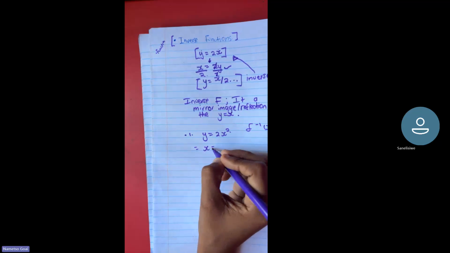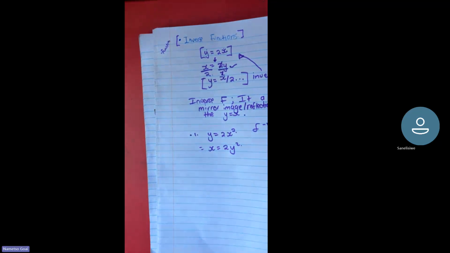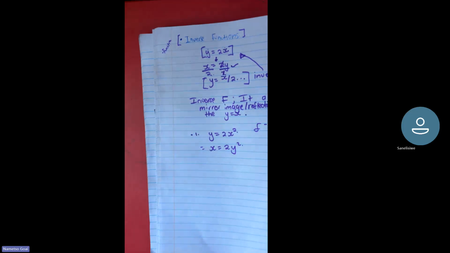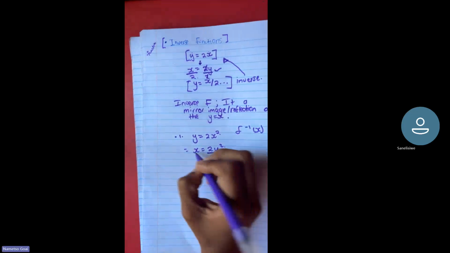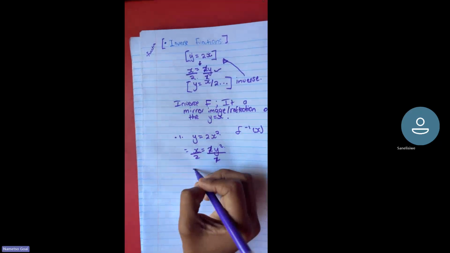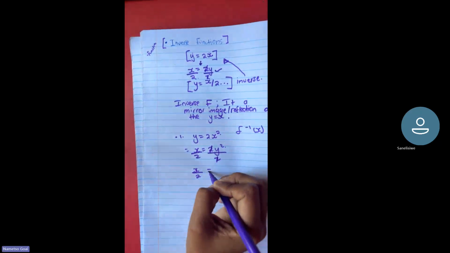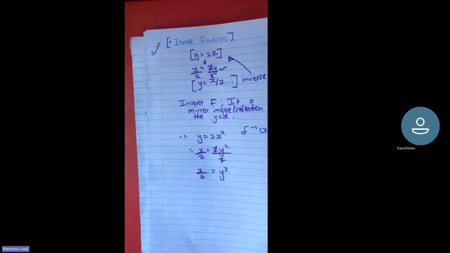So we'd have x equals 2y squared. But again, we need to make y the subject of the formula. You divide this by 2, divide this by 2, this and this will cancel. So now you're left with x divided by 2 equals y squared.